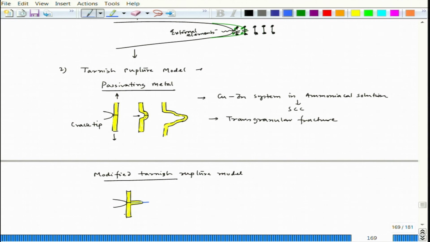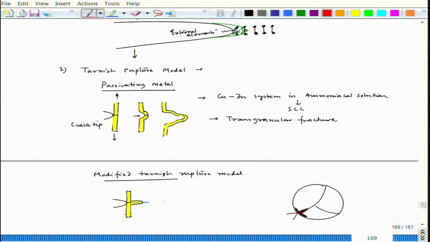So, if we have a grain structure like this, let us say this is a thin film, and that film is growing through the grain boundary. If the crack is coming here, that crack will grow through the grain boundary, and in fact through the film. If the crack is moving through the tarnish layer, actually it is moving inside the grain boundary.